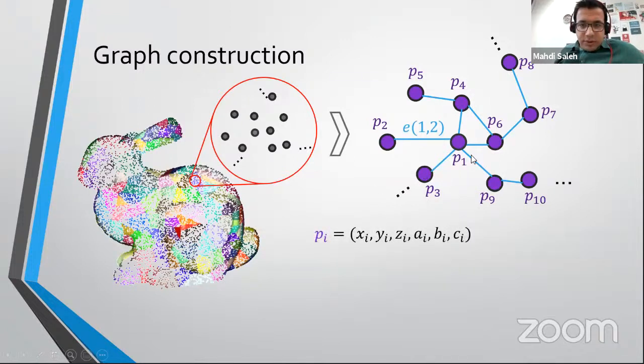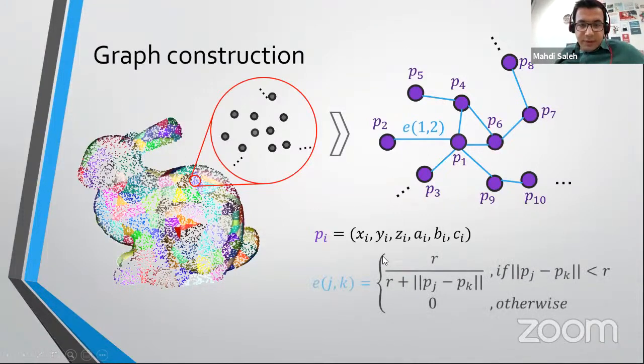The point features, the information lying on top of these nodes, are coordinates plus some features, which can be normals, or color if it exists. And the edges are connected if the points are within a certain radius. There is also a feature lying on top of each edge, which weights how close these points are together.